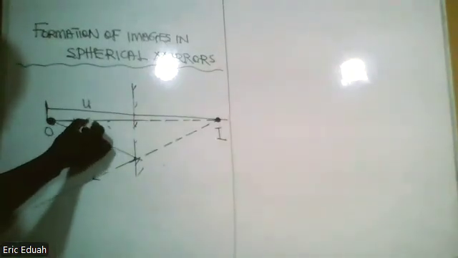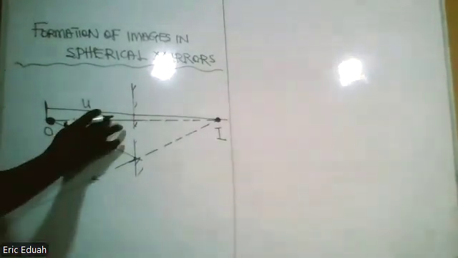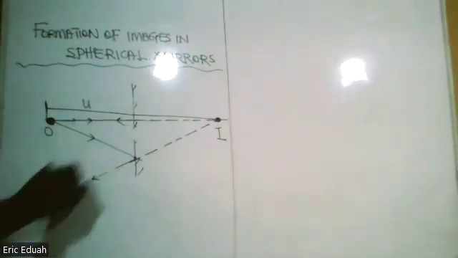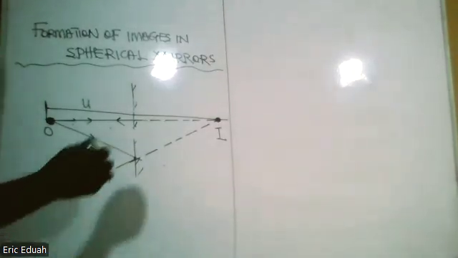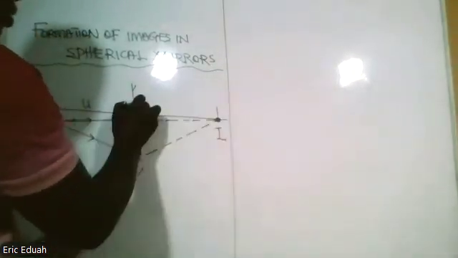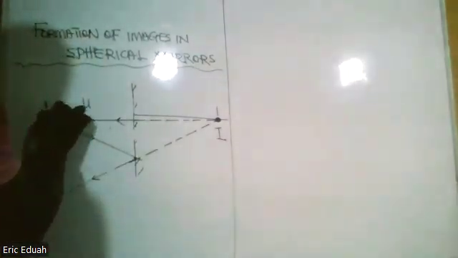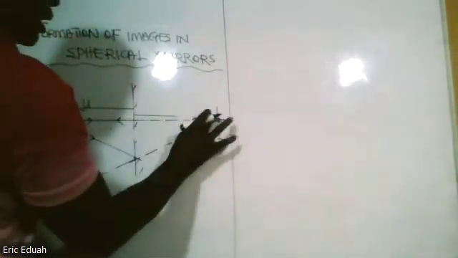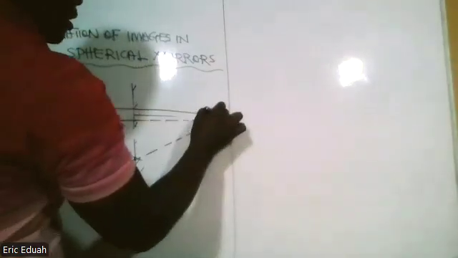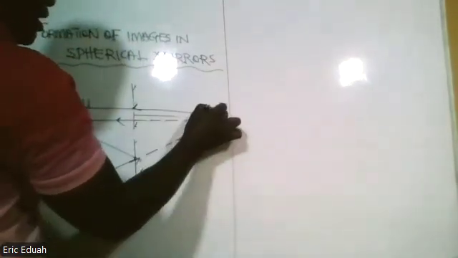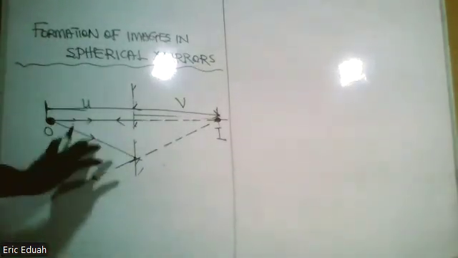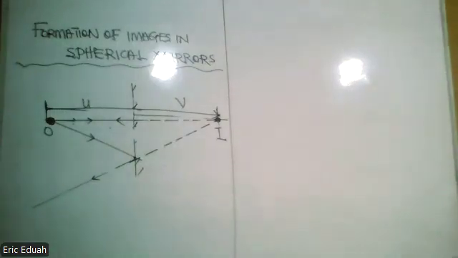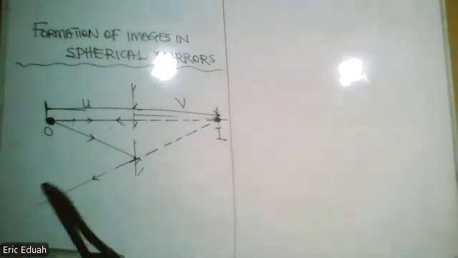This is incident at 90 degrees and so reflects along the same path. And this is incident at an angle. This distance is also the object distance here, image distance V, and they must be the same. So this is the ray diagram for plane mirrors.